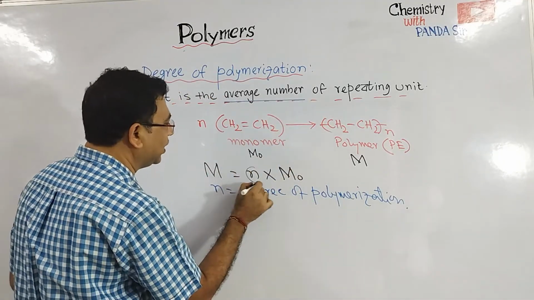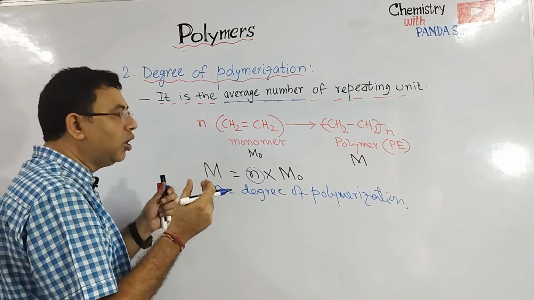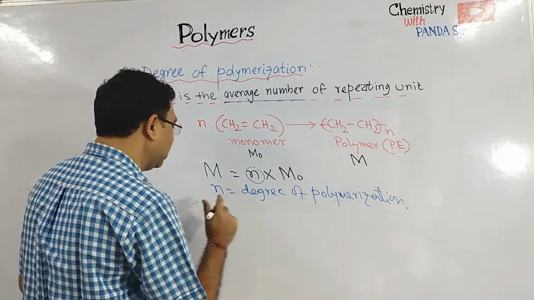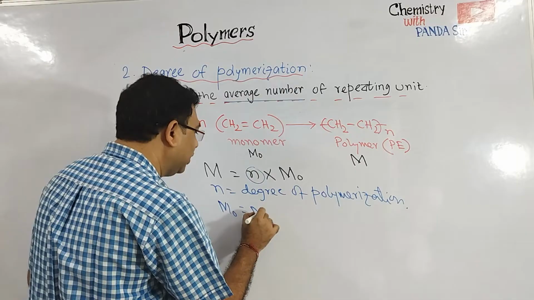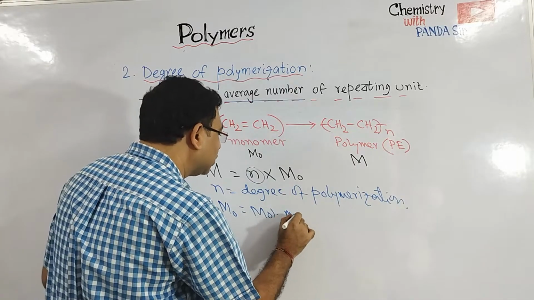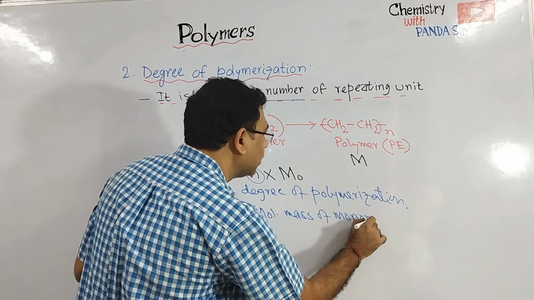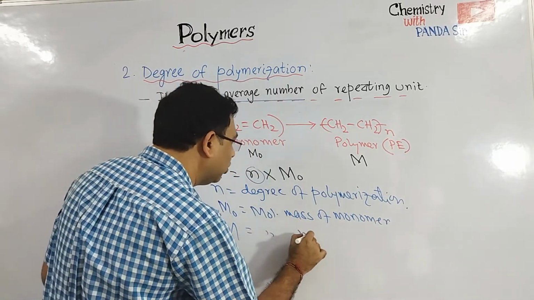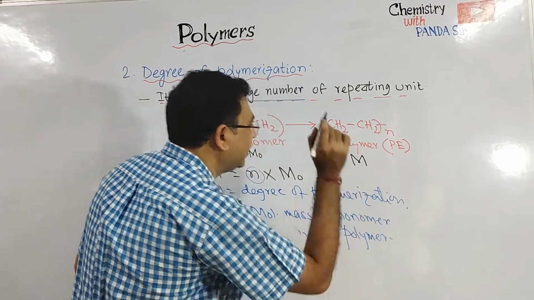You can see n is the number of monomers joined together to form the polymer. For your quick information, m0 is the molecular mass of the monomer, and M is the molecular mass of the polymer. You can note it down in your notes.